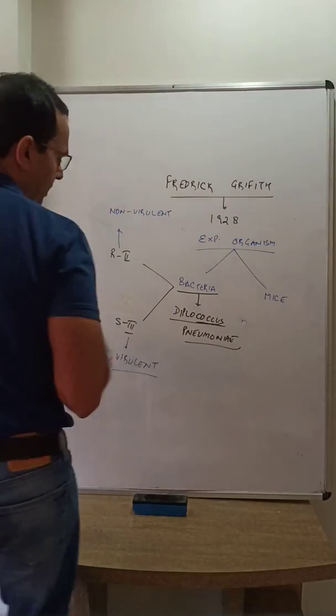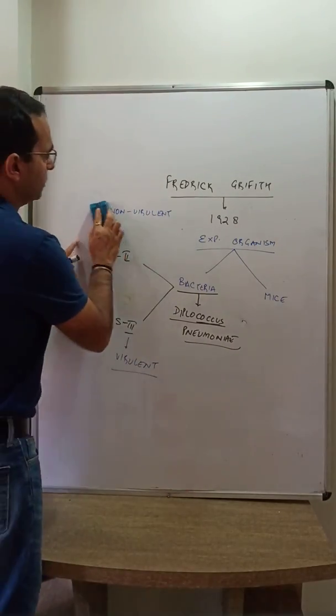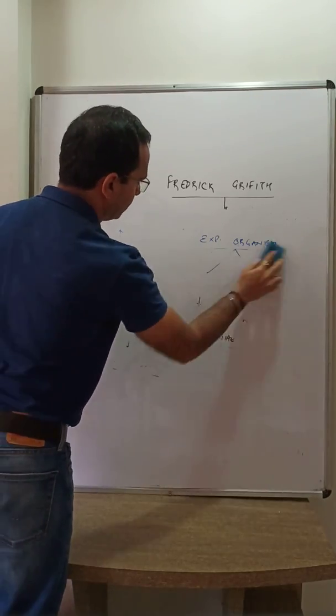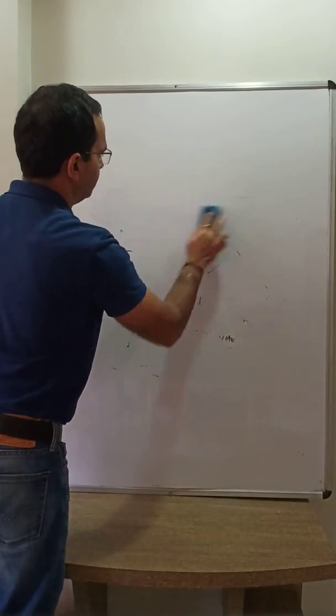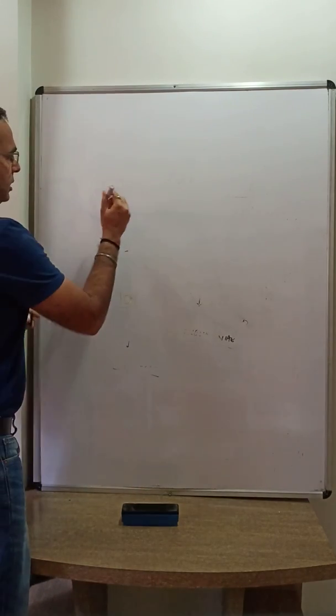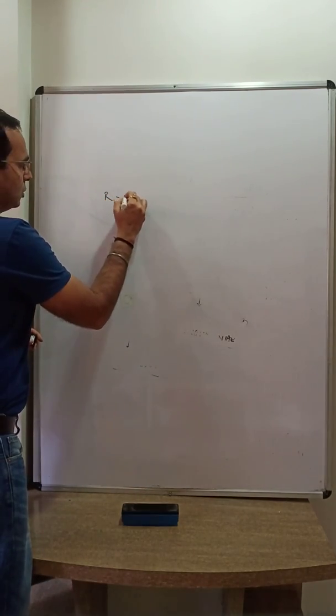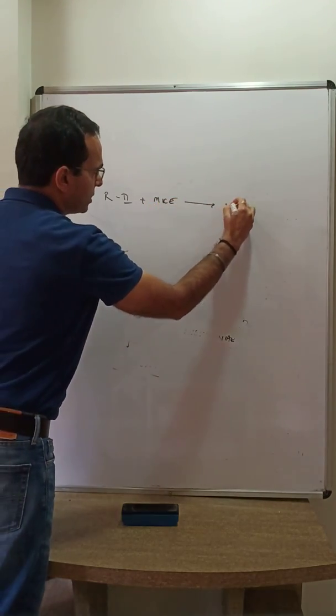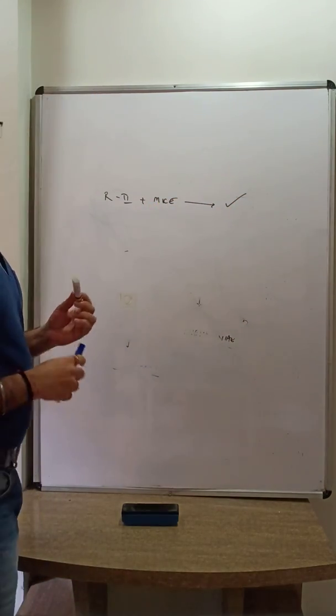So what he did in his experiments, he injected R2 into mice, and the mice survived. The mice did not die.